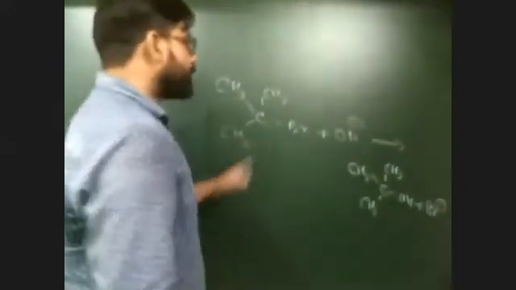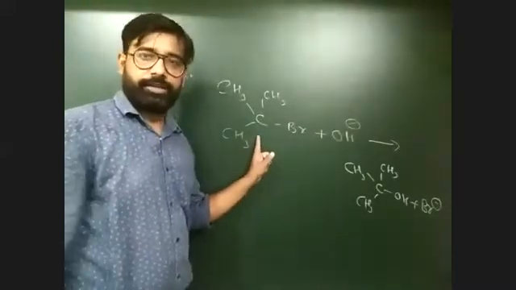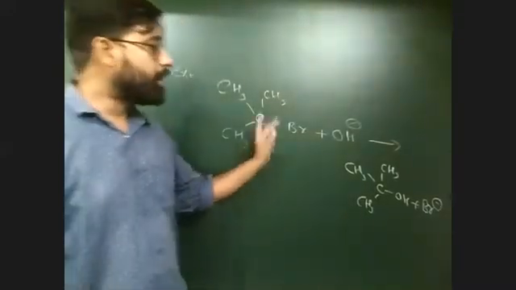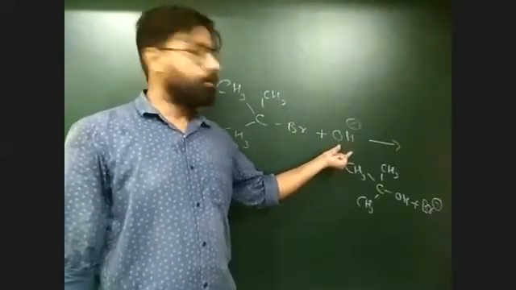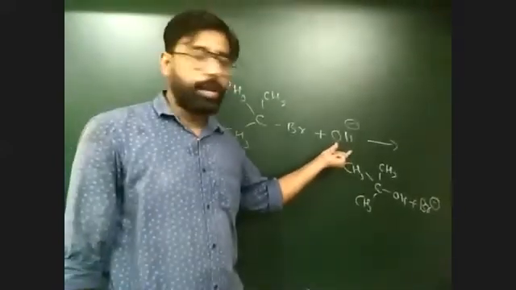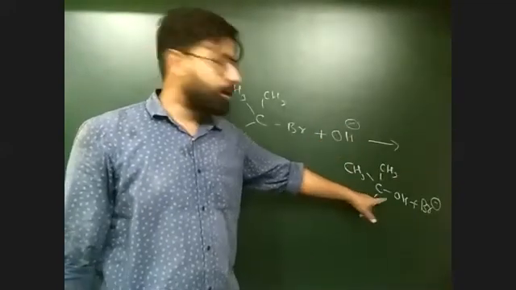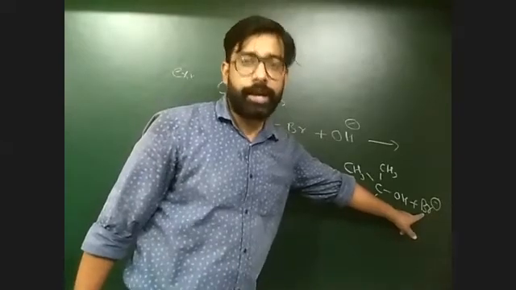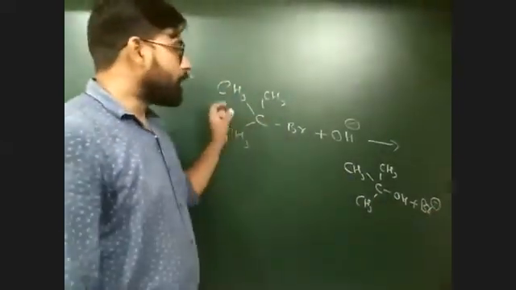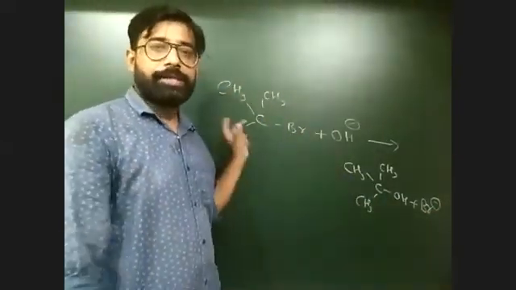So here we take the tertiary halide. Here is the tertiary halide, which reacts with reagent OH minus, which is the attacking nucleophile, and gives this product, and Br minus is the leaving group, also known as halide ion. So here we are studying how this happens, that is, the mechanism.